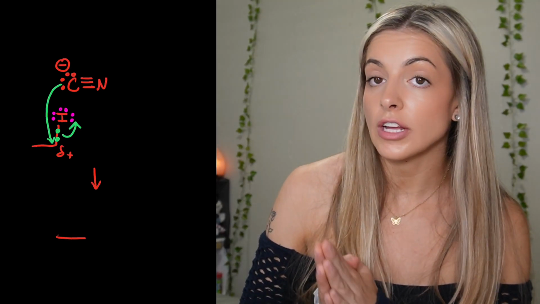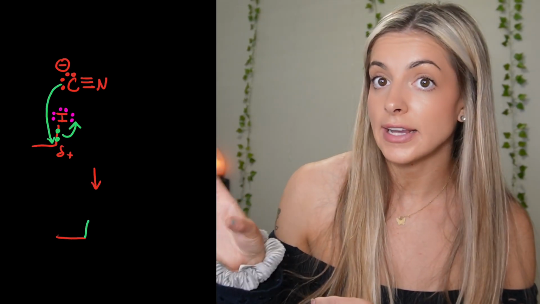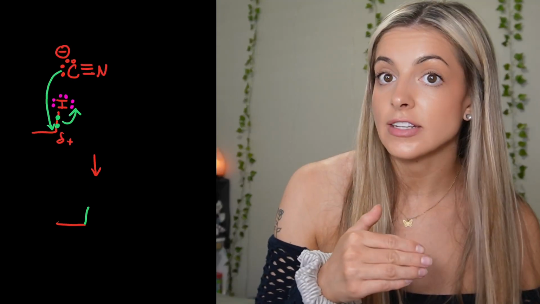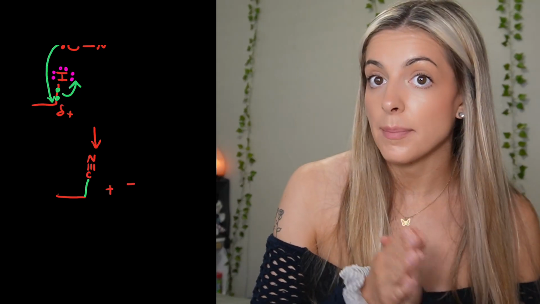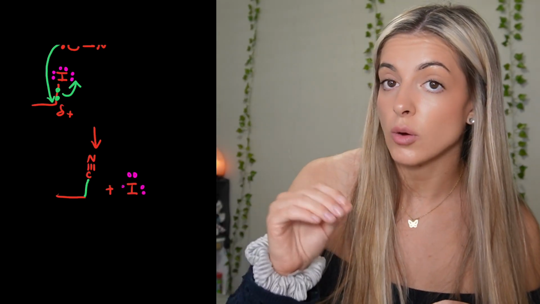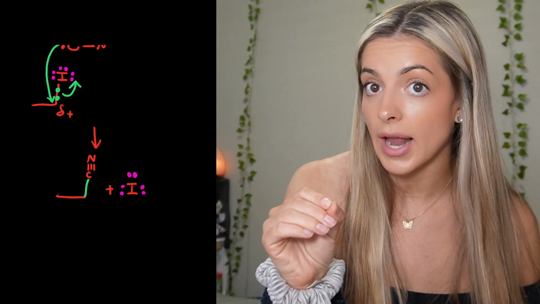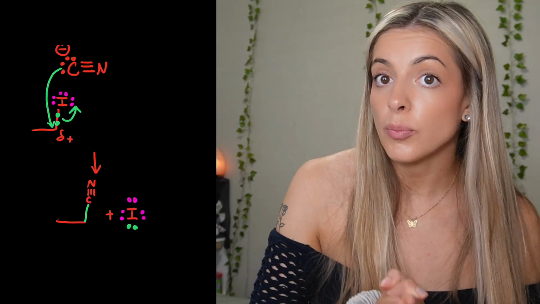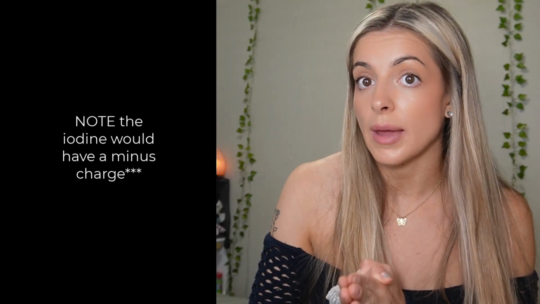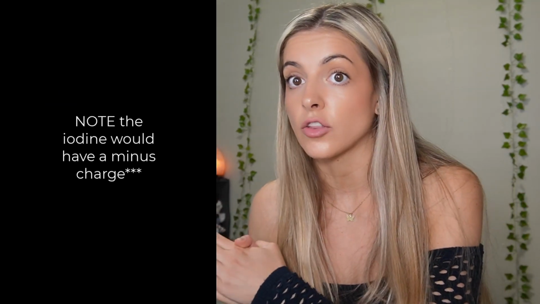Now, the first arrow that started at the lone pair on CN- and attacked the delta positive carbon will become a bond. So if you draw an arrow from a lone pair to a delta positive atom, that becomes a bond. And if the arrow starts between 2 atoms and goes up, out, and onto an atom, so for example, the iodine 2 out arrow, the bond will break, and those 2 electrons will then be a part of a lone pair in the end of the reaction.